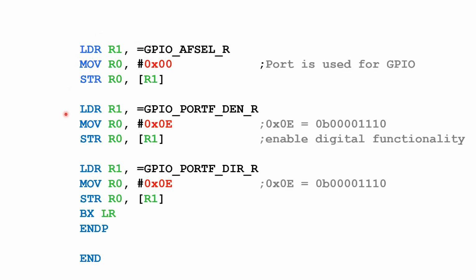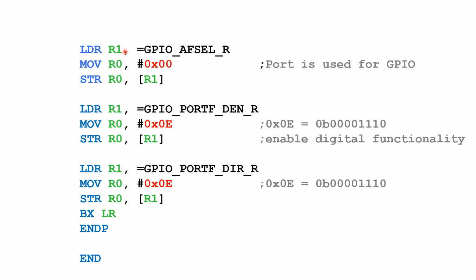Okay, so notice the instructions are now repeating themselves. Let's look at this one here. This one is basically the alternate function select register. So we are going to set port F for GPIO operation.